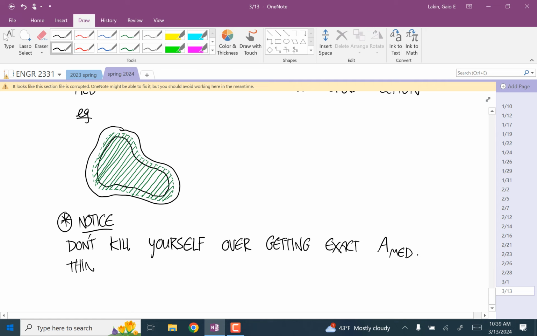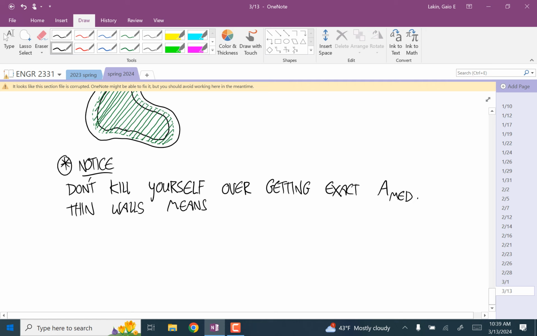Thin walls means the area at the outer boundary is really not that different from the median area and is really not that different from the inner boundary area. So don't stress out too much. You could calculate the area inside the inner boundary, the area inside the outer boundary, and just average them. That's not an exact value, but this is not going to change your answer very much.